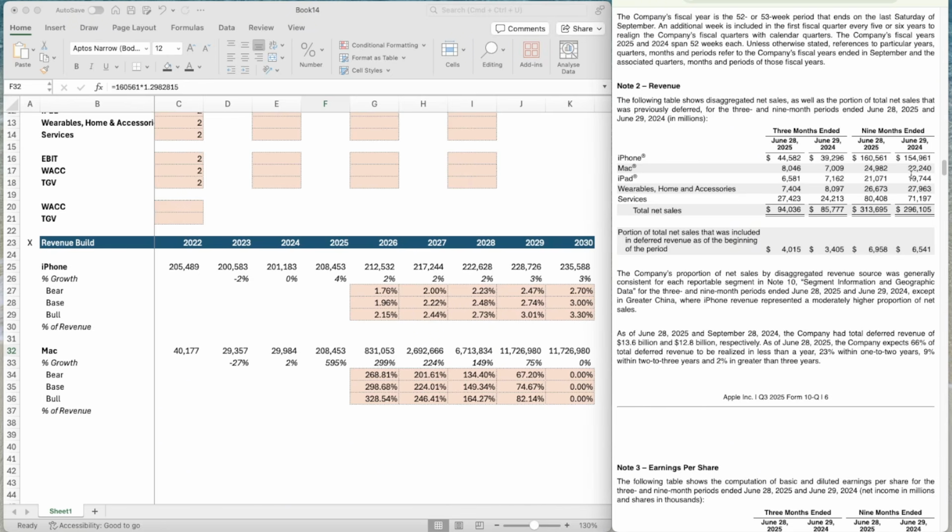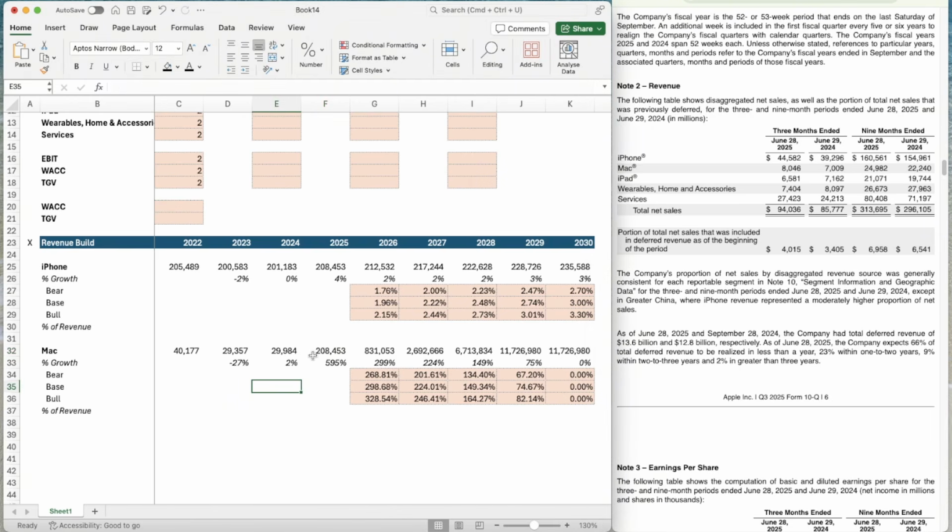So for 2024 they had done 22 billion and finished on 29. So let's see what that comes out as. 1.3, about 1.35, equals 24,982. Oh, so that's doing quite well. 12% last year. Well, for this year, it'll be a 12% growth.